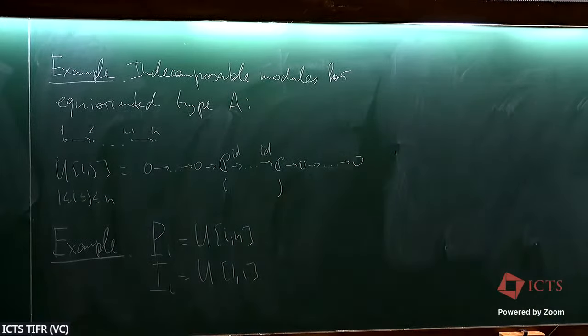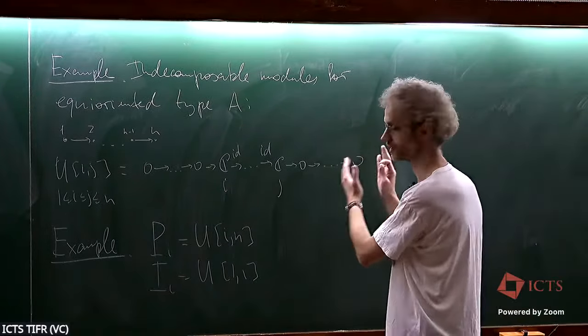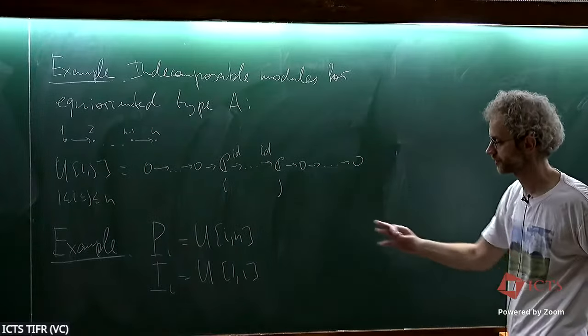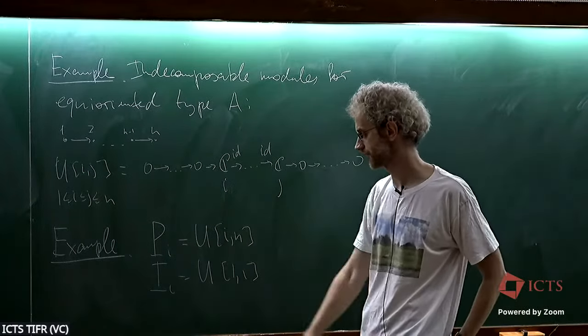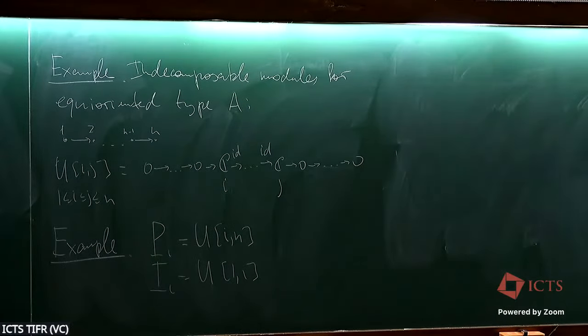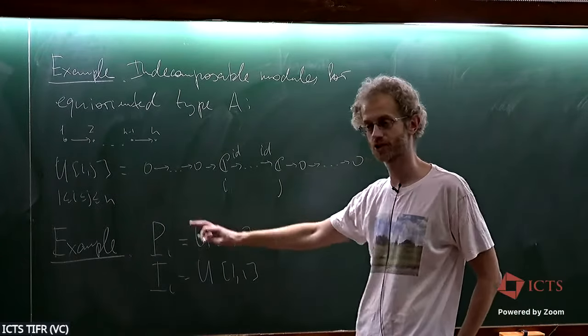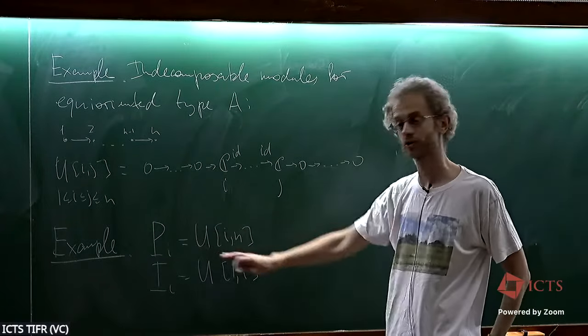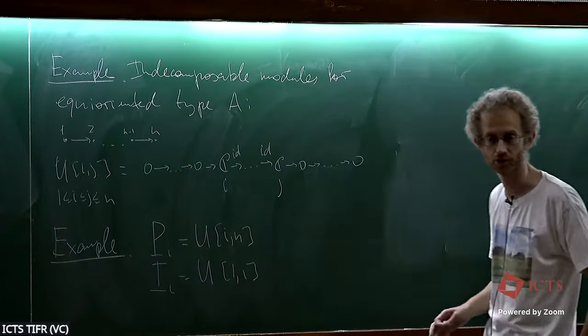It means that they correspond to the segment which either ends at the last vertex or starts with the first vertex. The reason for these P's and I's is that these are the projective modules and injective modules, all indecomposable projective and injective. If you're not comfortable with this projective injective business, you don't have to care. These are just very concrete modules we're going to need later.